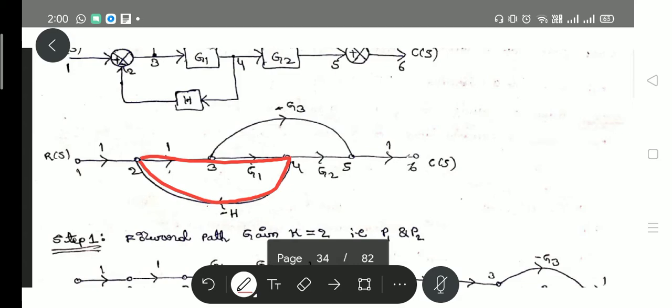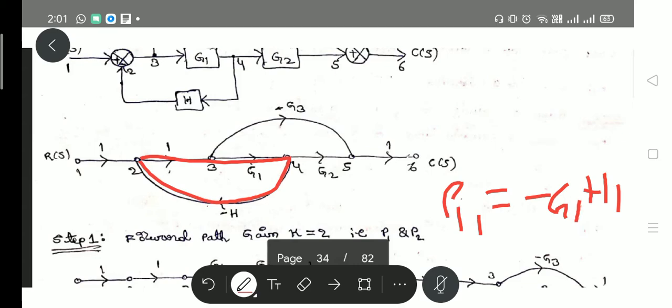Okay, so we can take this loop gain, we can draw it separately. The first loop gain P11 is G1 into minus H1, that is minus G1 H1. This is the loop gain, right?